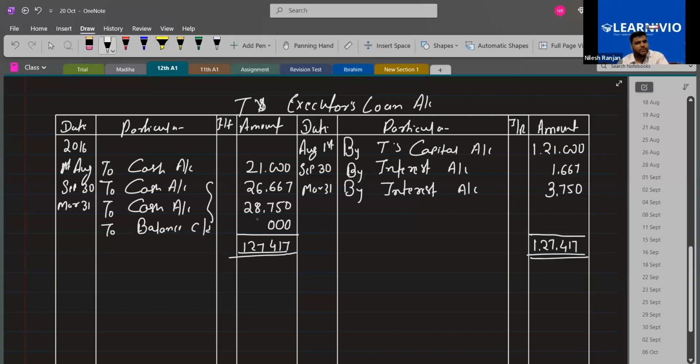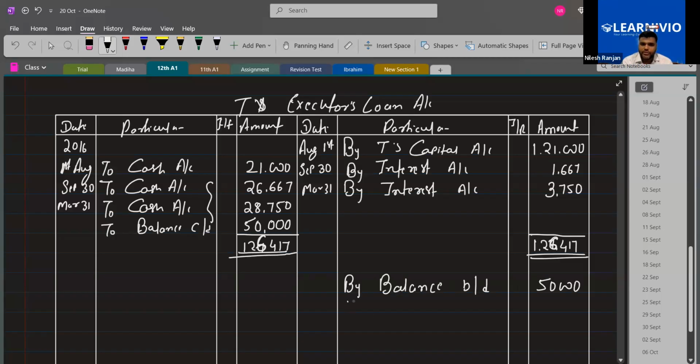It will be 0 and then 5. So now this balance will be transferred here in the next period by balance BD 50,000.